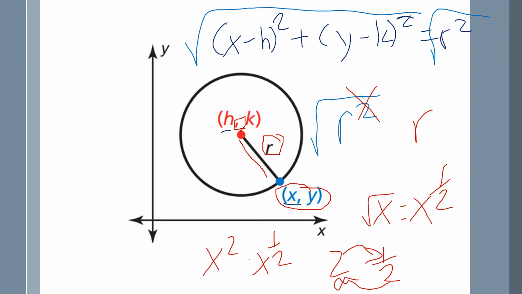Let me write this over here. So again, 2 is the multiplicative inverse or reciprocal of 1/2, and 1/2 is the multiplicative inverse or reciprocal of 2. All right? So they cancel each other out. You're going to need this to deal with the updated Pythagorean theorem.